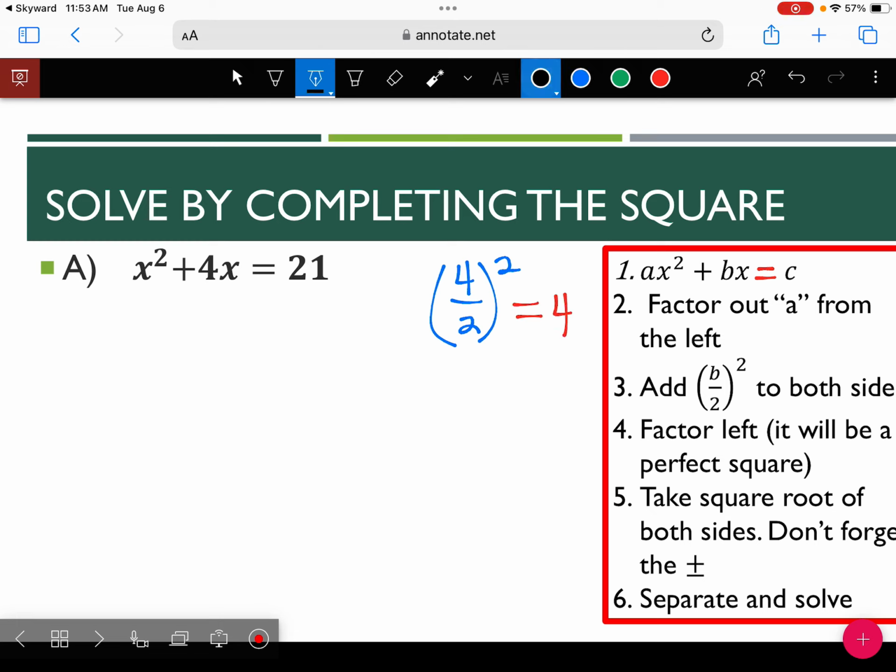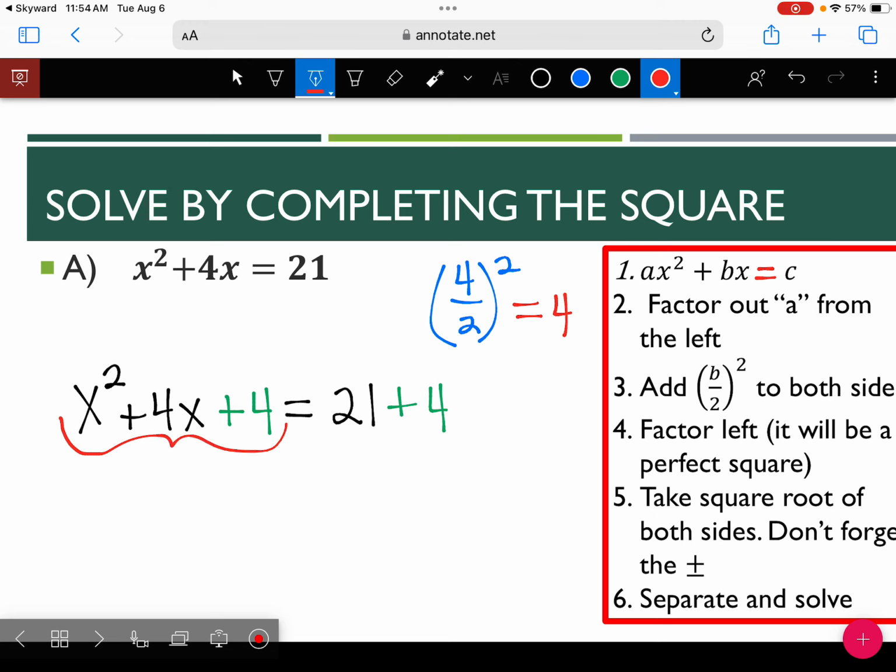So I have x squared plus 4x. I'm going to give myself some space. And I'm going to add that 4 here, and I'm also going to add the 4 here. So now we're on step 4, which is factor the left. So this is going to factor down to a perfect square. In other words, it's going to factor down to something squared. So what are my two numbers that multiply to 4 and add to 4?